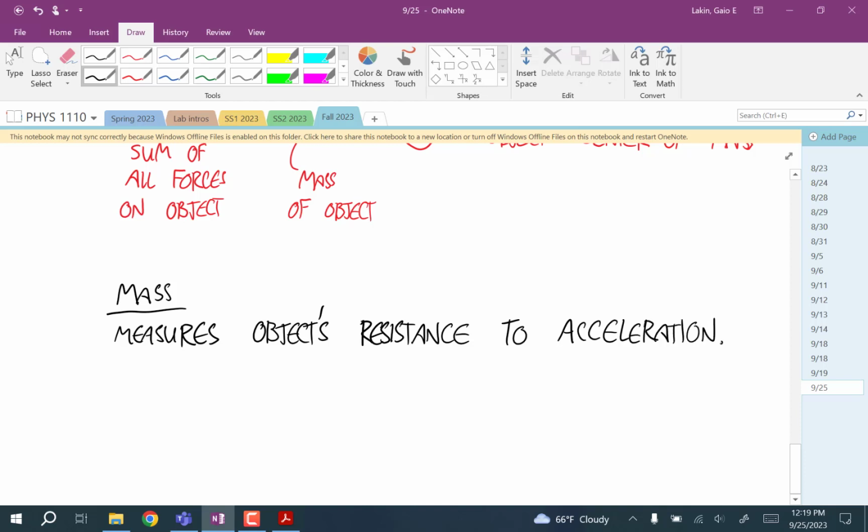A lot of people have gotten into the habit over your lives of thinking of mass and weight as the same thing. This is related to weight, but they're not the same thing.